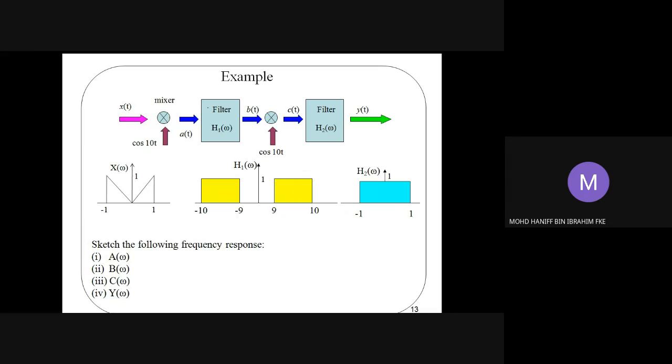We are also given H1(ω), the frequency response between 9 and 10, and then H2(ω) between -1 and +1, with both amplitudes equal to 1.